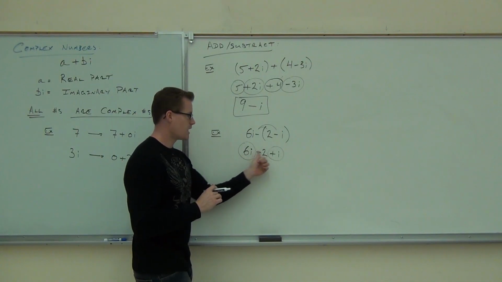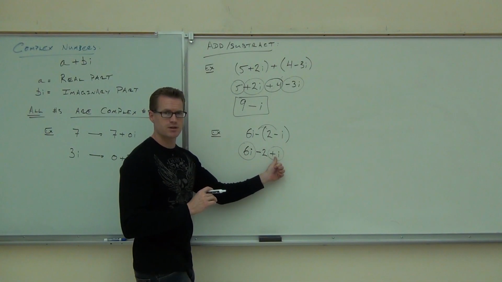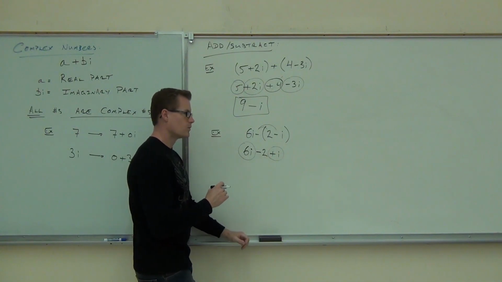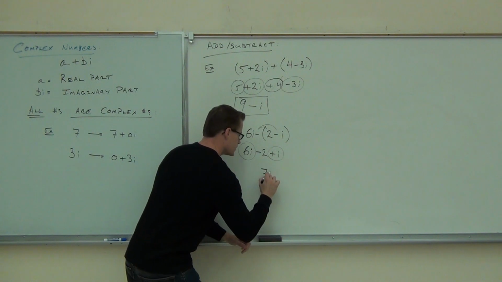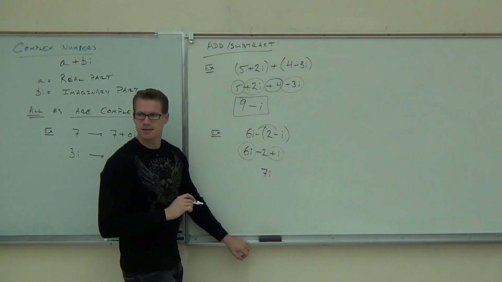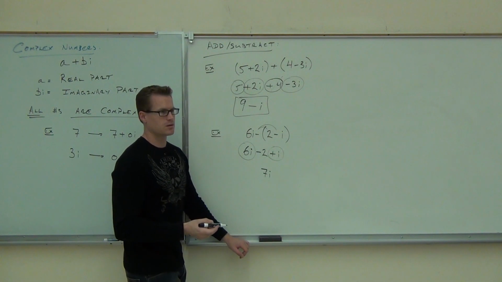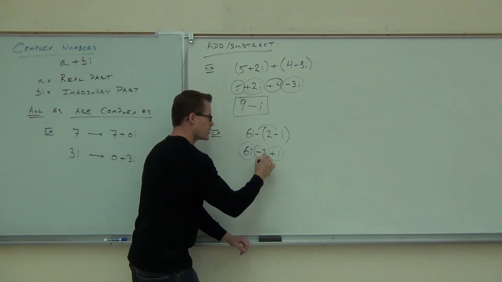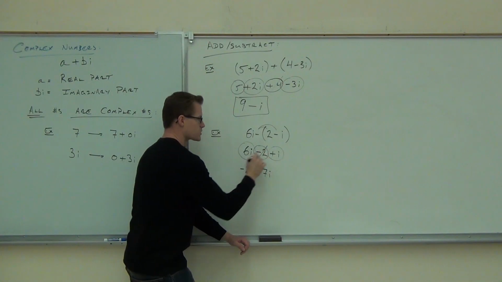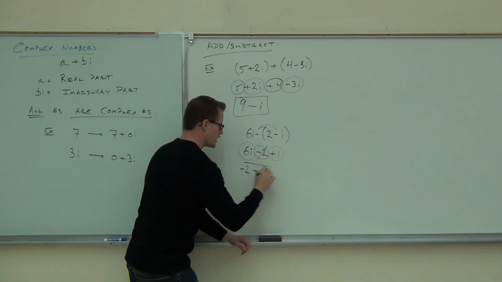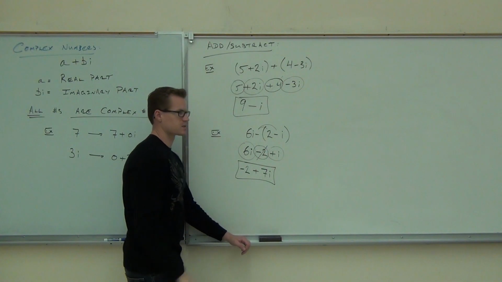Yes. 6i plus 1i gives you 7i. Now, we do have to write these in the appropriate order. So, is it going to be 7i first or last? Last. What comes first then? Real number. So, identify your real parts first. We have negative 2. This is 6i plus 1i, that's plus 7i. Negative 2 plus 7i.